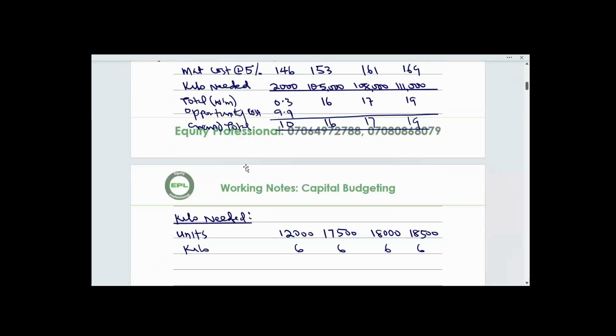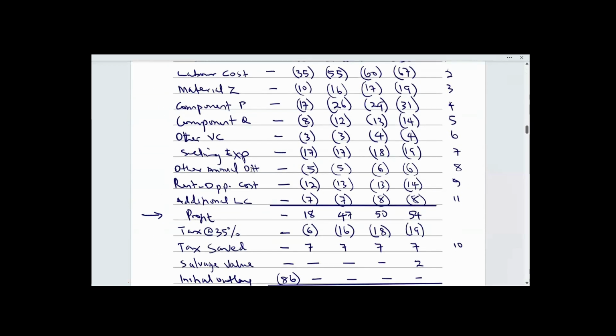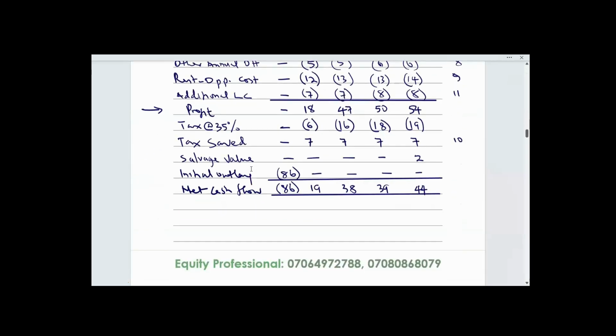Let me go back to your tax liability. We have where we have the net cash flow. Yes, this is the tax liability here. You have calculated the tax rate given to you is 35%. So examiner is now asking you, what is the percentage change? How much can the tax rate of 35% increase before the project will become unviable?